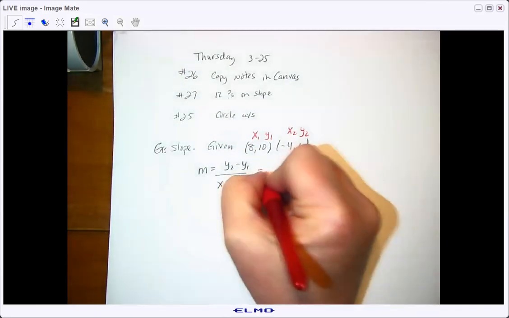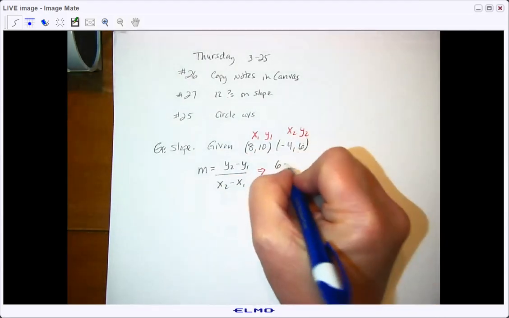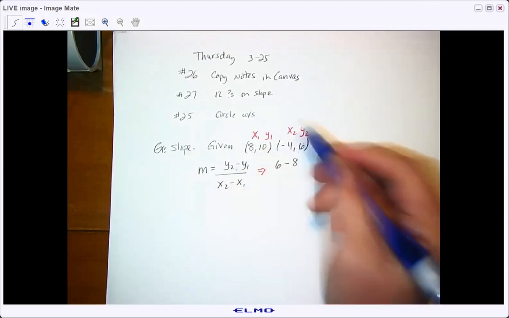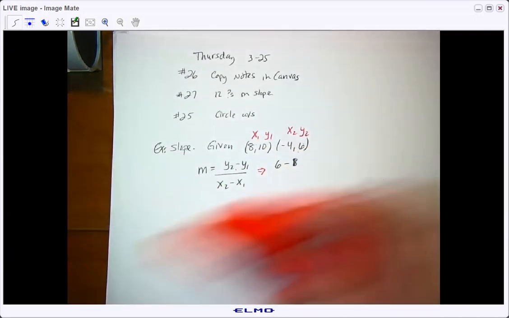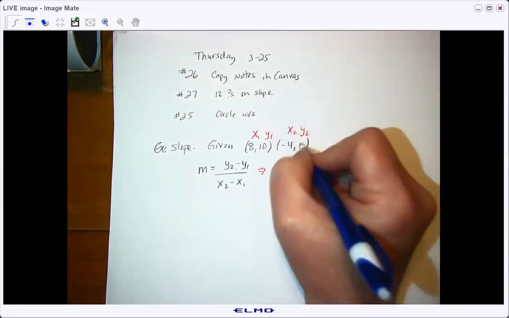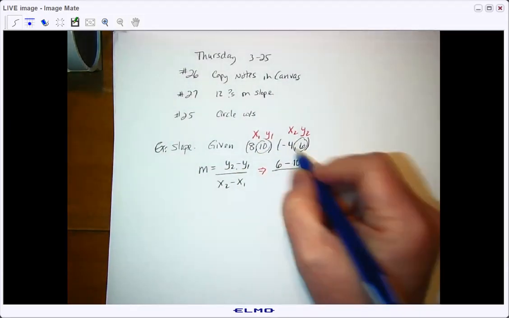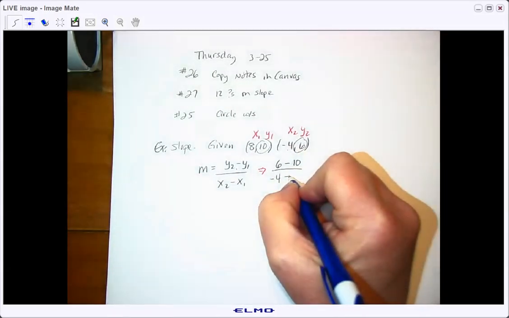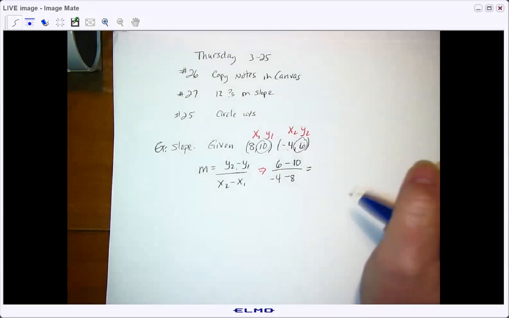So we're going to fill this in. My second y is 6 minus, because that's the part of the formula, 8, because that's my first, oh, sorry, nope, 10. That's what you don't want to do, okay? You don't want to mix them up like that. So here's my y, the 6 and the 10, over the second x, negative 4, minus 8, and then we simplify.